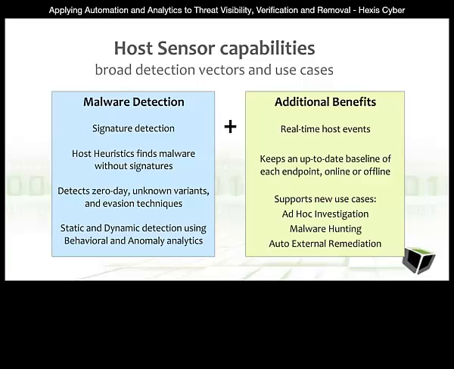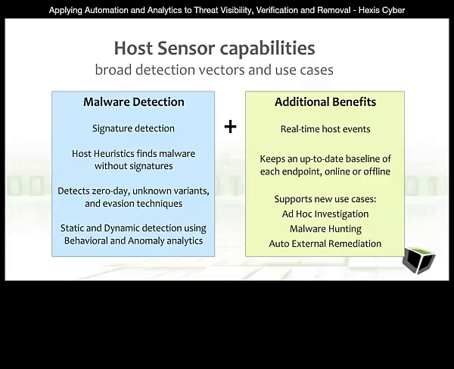That allows you to do new use cases beyond malware detection and removal. You can do ad hoc investigation. If you have a threat intelligence provider, or you read something on a threat sharing forum, or you have some colleagues in a peer company, say if you work for a bank, and they say, here are some indicators or some observables that we've found, you can come into the HawkEye G platform, put in those MD5 file hashes or those URLs or those IPs, and instantaneously across all of your hosts, whether they're online or offline, you can see how many endpoints have those indicators.